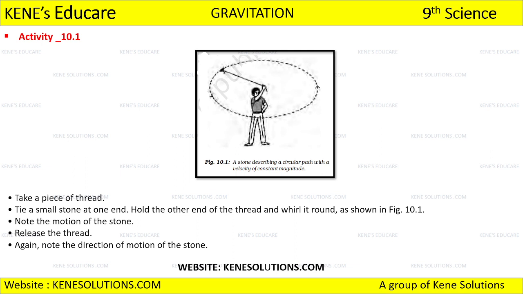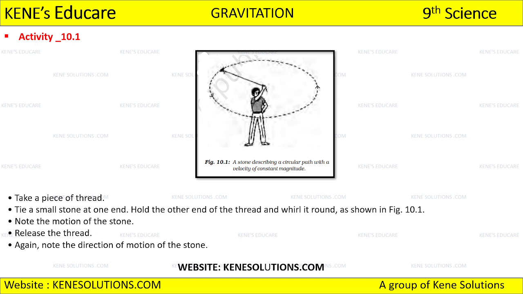Now while you do so, you need to note the motion of the stone, like in which motion it is rotating, or how exactly it is moving. And after that, you need to release the thread and again note the direction of the motion of the stone.